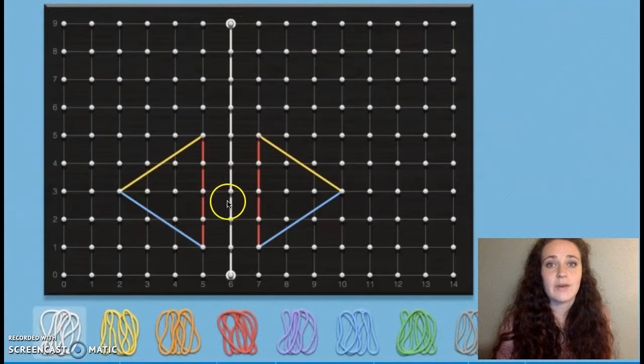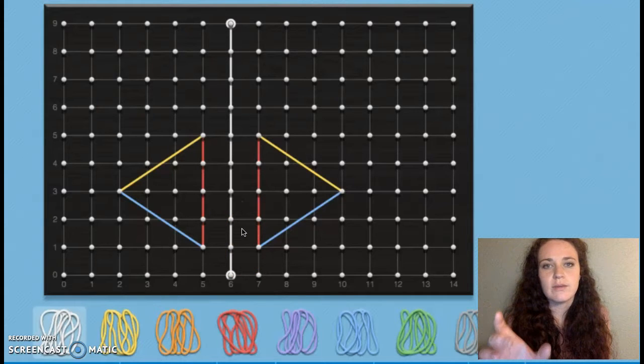And I have that down in white. So because of that line, you know that these two images are indeed reflected. I have each corresponding side in a given color so that you can kind of see it more easily. But just based off of the reflection, we know that these two images are indeed congruent.